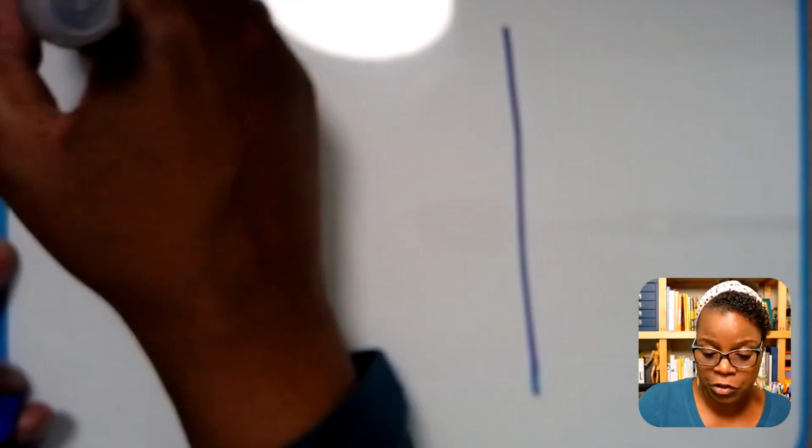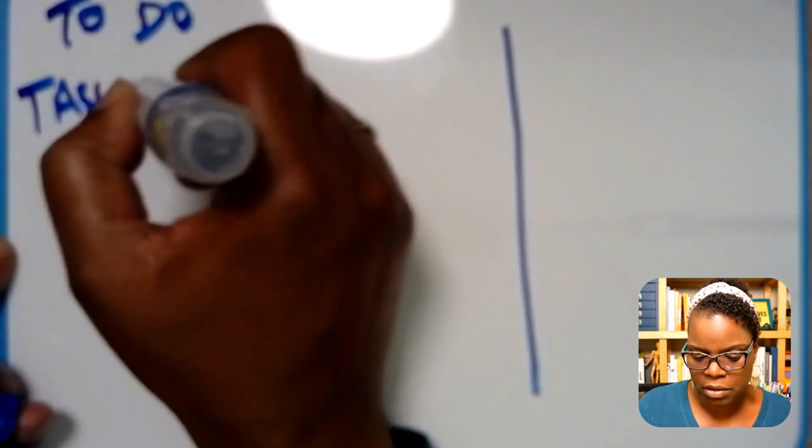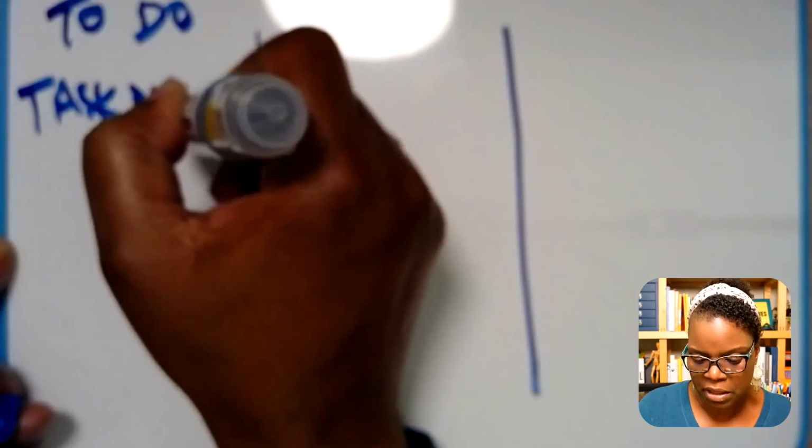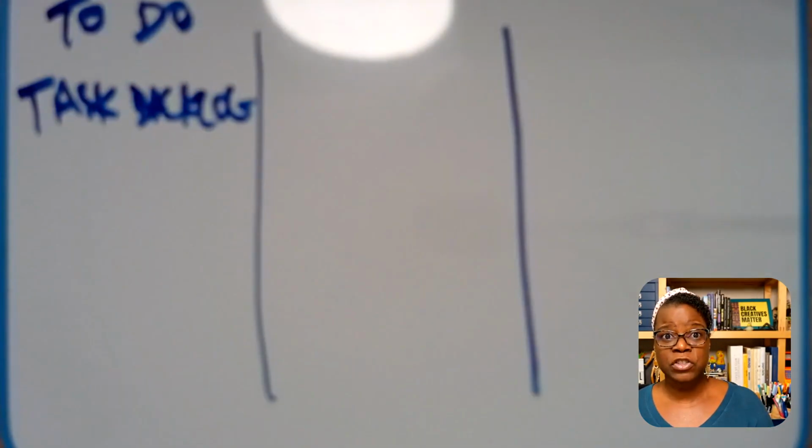I don't really like it as a term because I bring heavy negative connotations to it, but if it works for you, please call it that. You can call it your to-do, or you can call it your task backlog. So that's your first column.